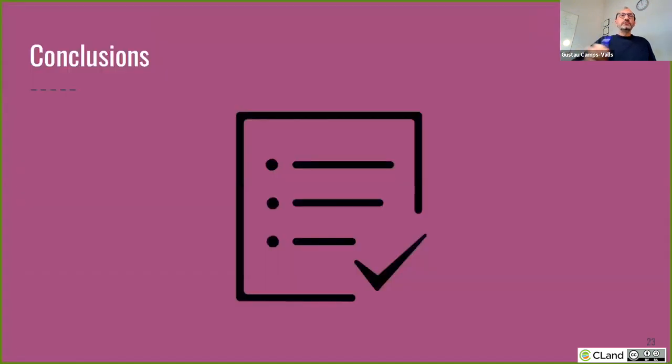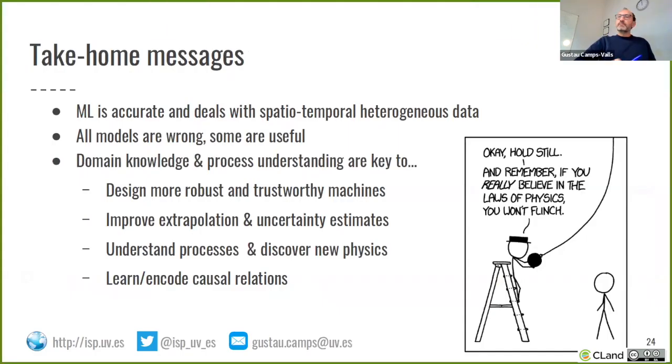So just to conclude, my main take-home message is that machine learning is now quite mature, it is quite accurate, and it can advantageously cope with spatially and temporally heterogeneous data. The second point I would like to mention is that all models, both physical models and machine learning models, are wrong. All of them have assumptions, and they are probably not capturing the true relationships, but they are useful.